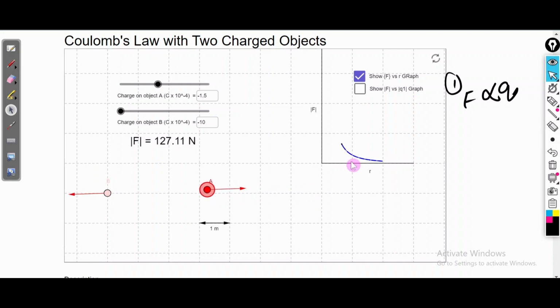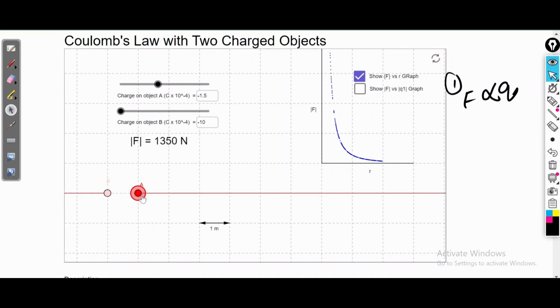If I decrease R, I am going towards the origin, toward zero, so R is decreasing and F is increasing, because the graph is moving upward. So if I decrease the distance between these charged objects, the force is increasing.